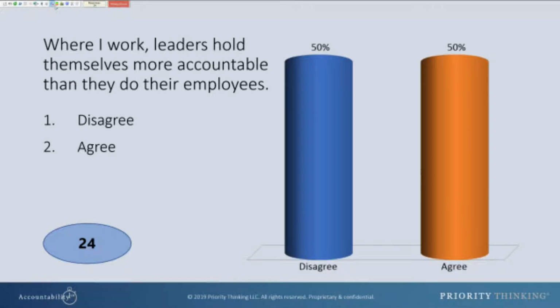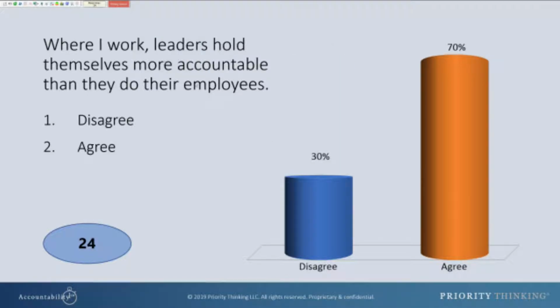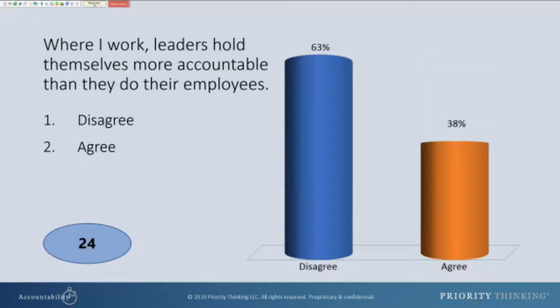All right, let's see what the leaders have to say about this one. So here's the leaders. And the leaders tend to agree that they hold themselves more accountable than they do their employees. And now I'm going to switch over and see what the individual contributors thought.